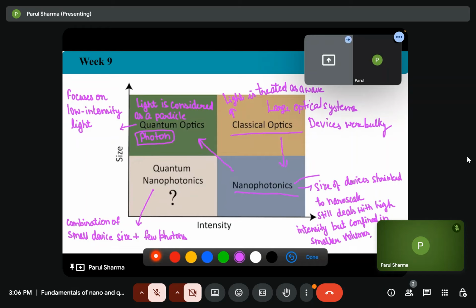That is low intensity. So today we will talk about the quantum nanophotonics.